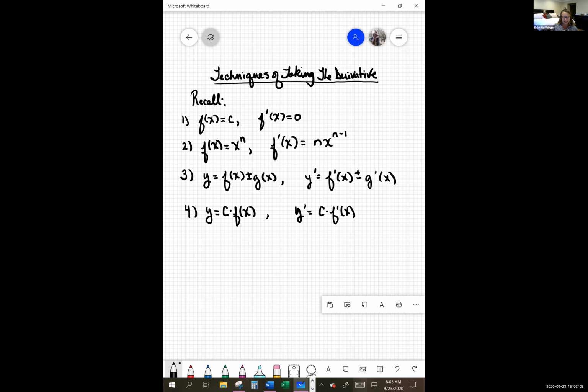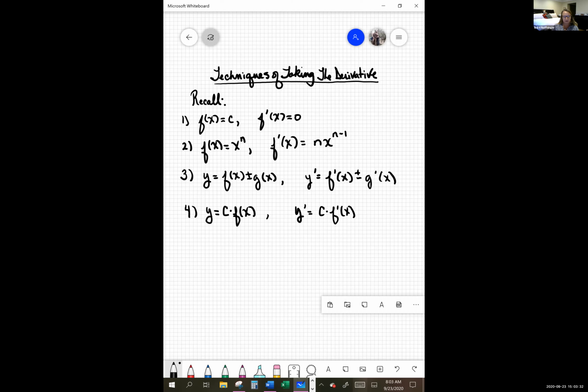We saw that if you have two functions that are added or subtracted together, so basically we can think of a polynomial of multiple terms, maybe like 2x plus 1. We can think of 2x as a polynomial f of x, and we can think of 1 as a polynomial g of x. And so basically we can just take the derivative, those are both differentiable.